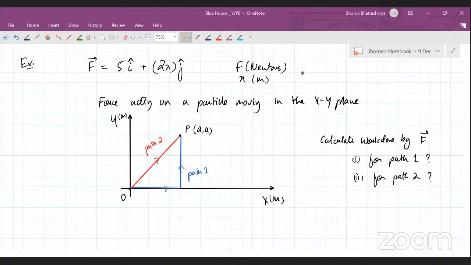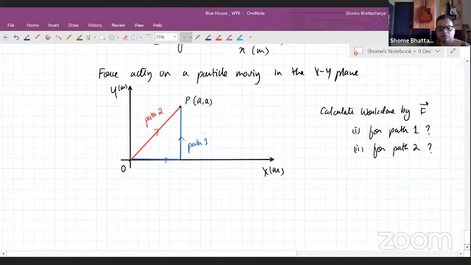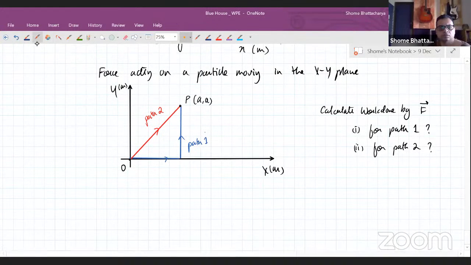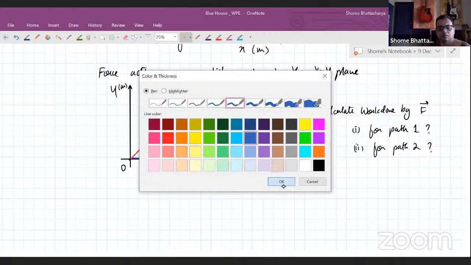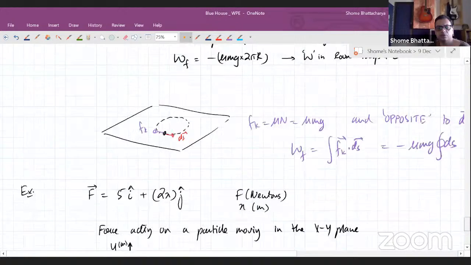Okay, so let's check out for each of the paths the work done. So for the first path, if I label this point as E, let's say, work done from O to A. So for that, at any point like this, x comma 0, the force will be having that constant x component and the variable y component.